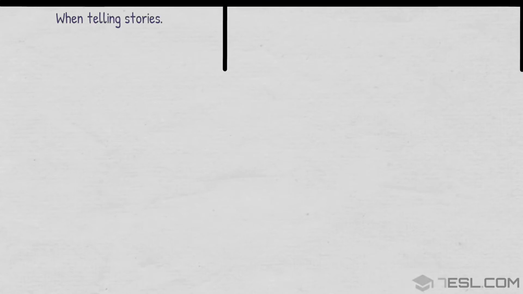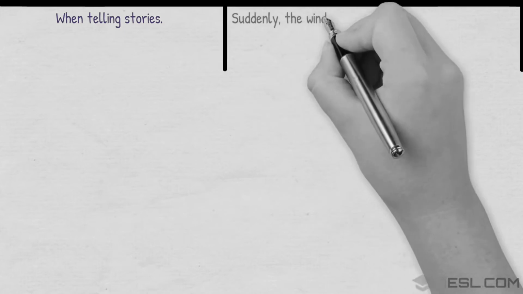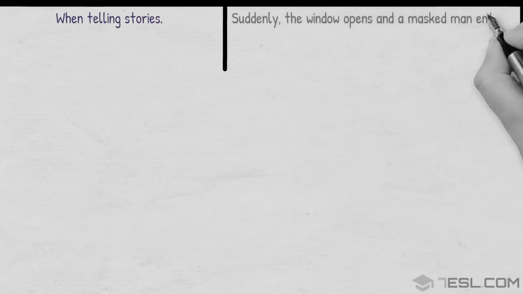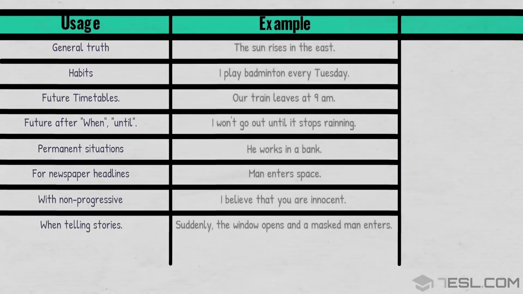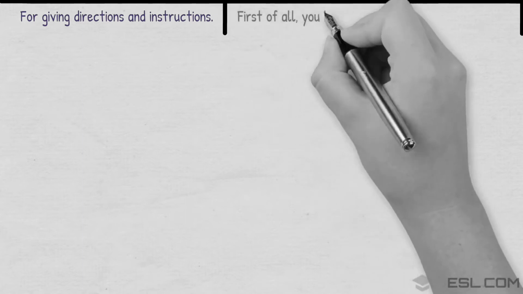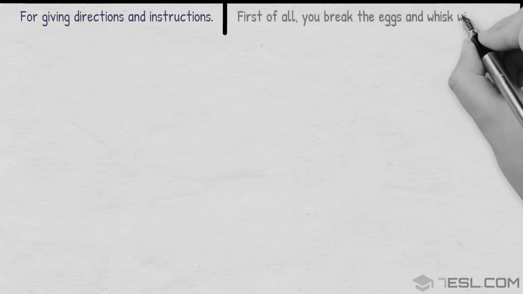When telling stories. Suddenly, the window opens and a masked man enters. For giving directions and instructions. First of all, you break the eggs and whisk with sugar.